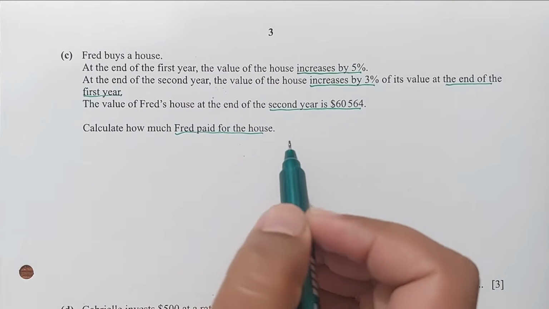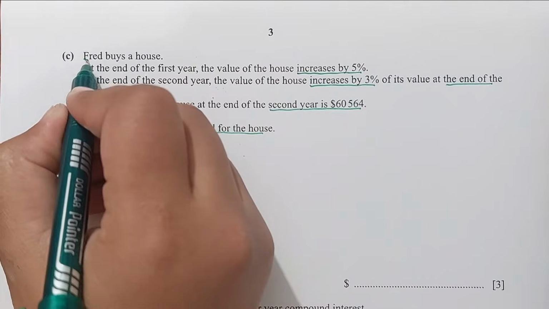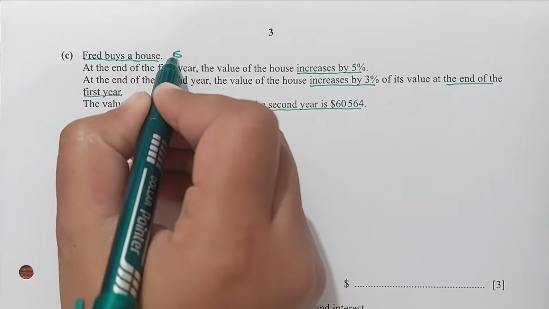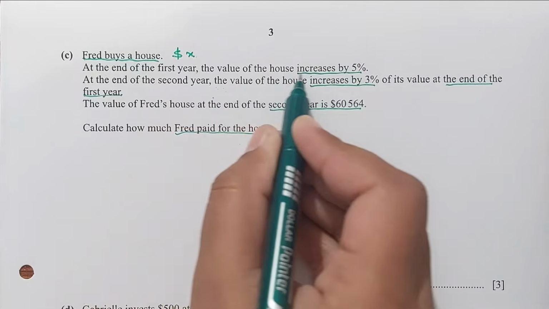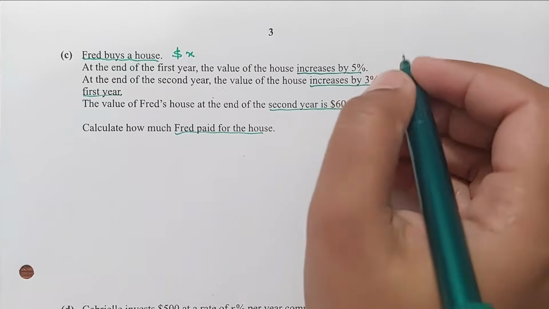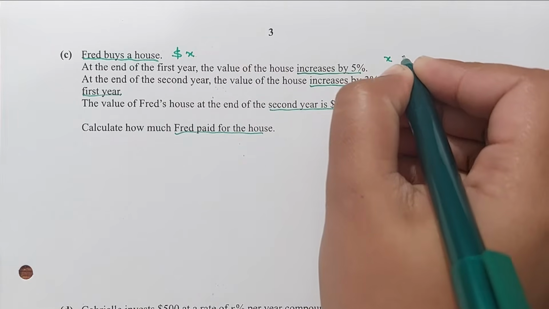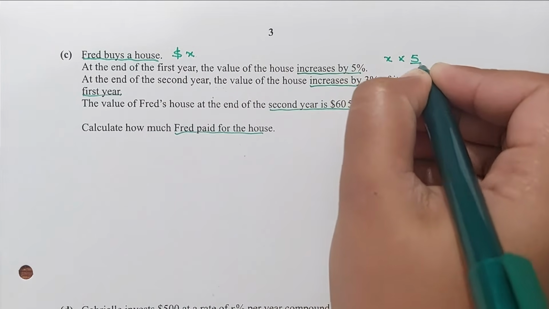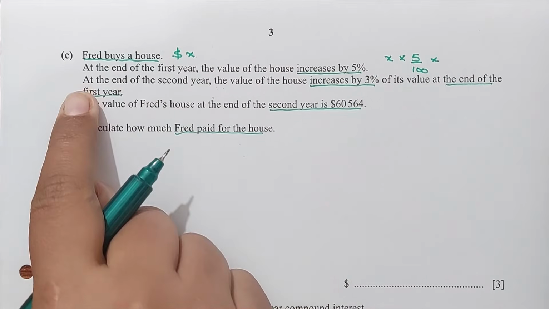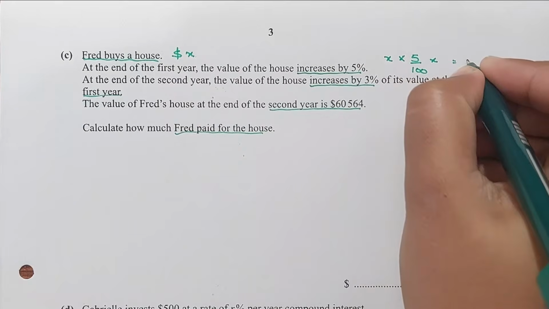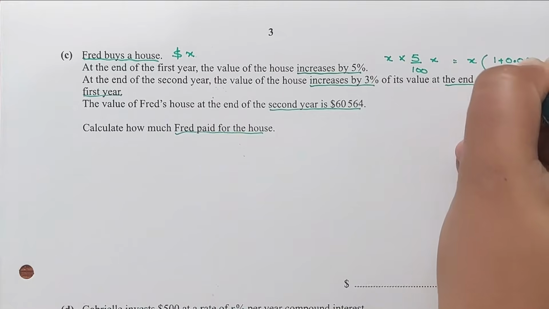Let us consider that Fred buys the house for X dollars. At the end of the first year it is increased by 5%, which means X plus 5% of X. Let me simplify: this is X into 1 plus 0.05.